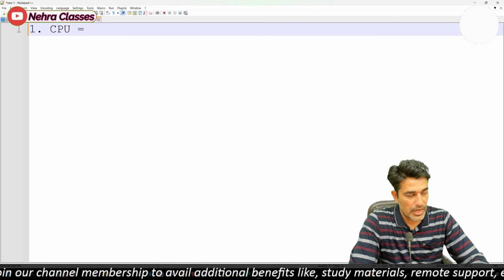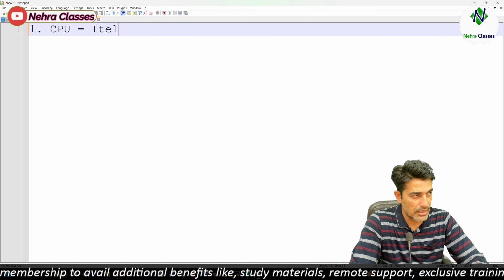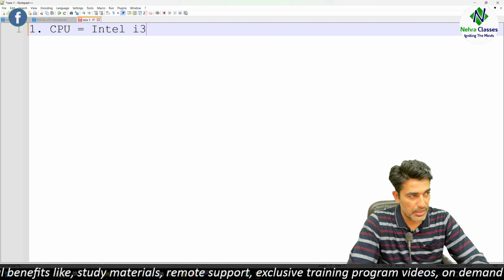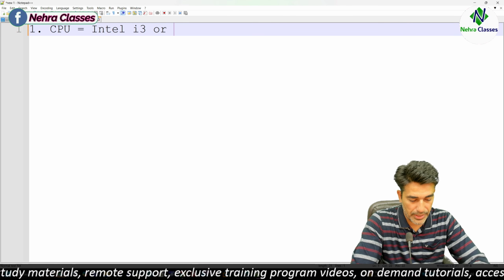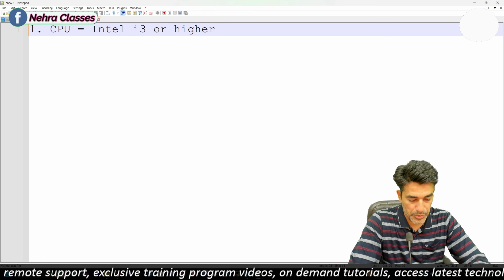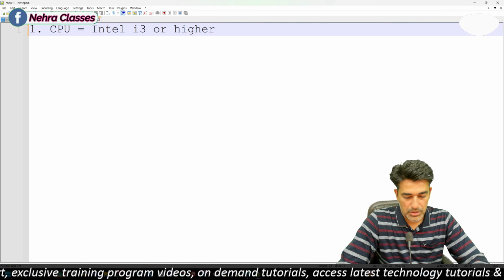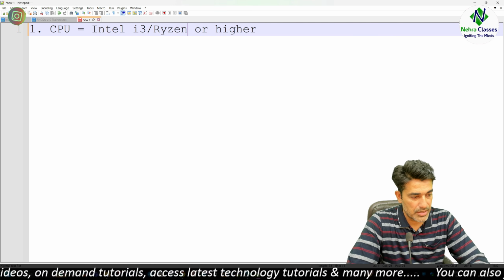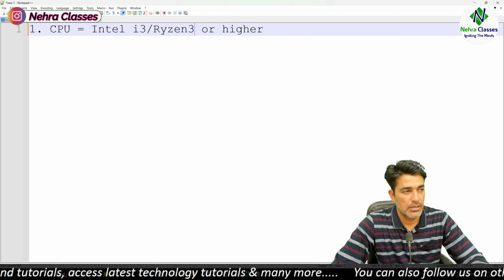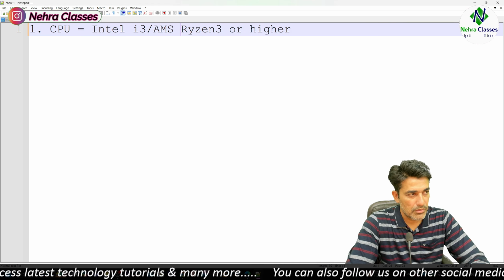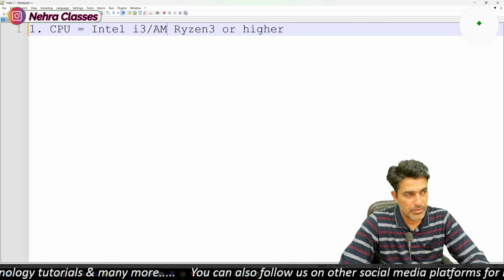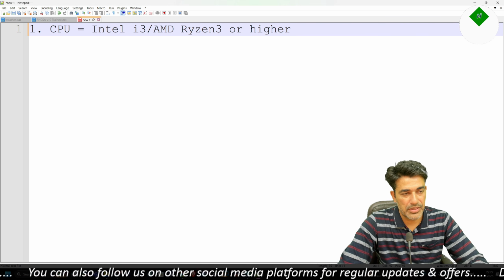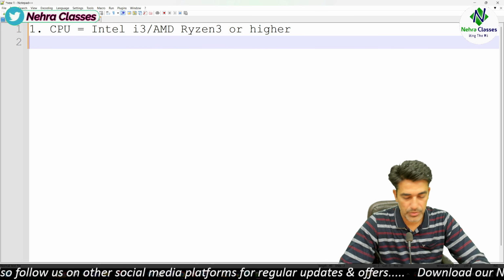Your machine should have either an Intel i3 or higher CPU, or you can go for Ryzen 3 and higher. Either Intel i3 or AMD Ryzen 3 or higher CPU.